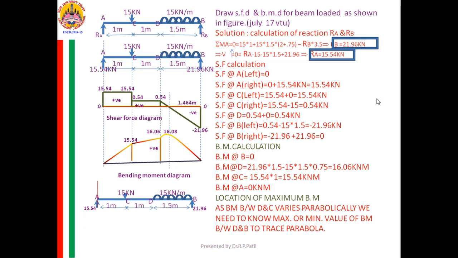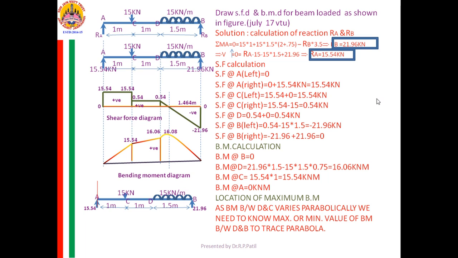What will be the shape of that particular curve? That is why, at least for the examiner, we need to say that it is a second order curve or parabola, or cubic curve, fourth order curve. Like that, we need to mention it there. That part I will tell afterwards.